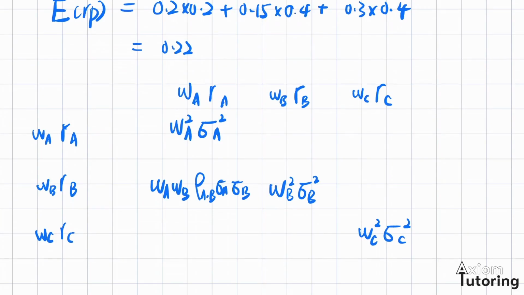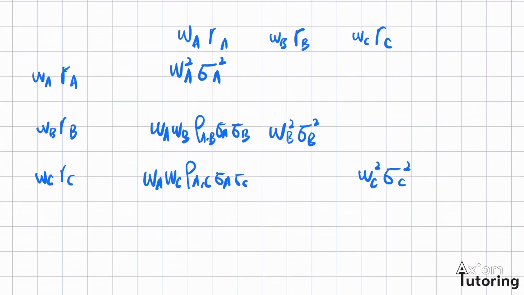Similarly here, I need WA, WC, and then rho AC, sigma A, and sigma C. And in this case, I would need WB and WC here, and rho BC, and then sigma B and sigma C here.